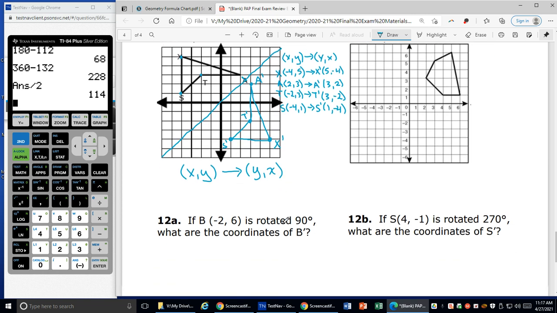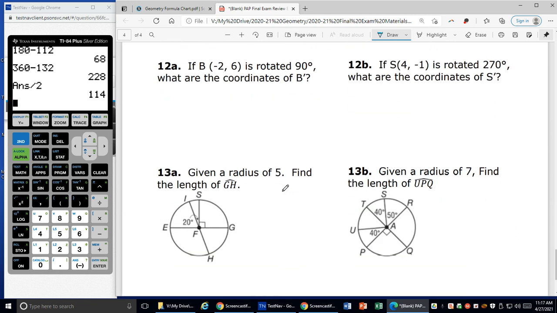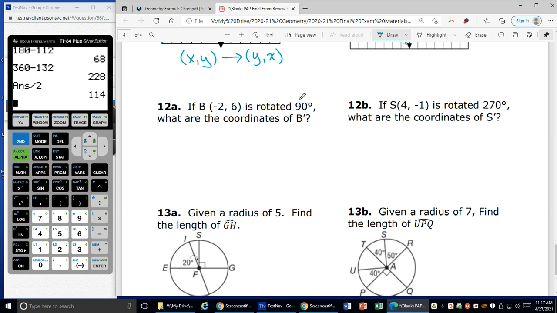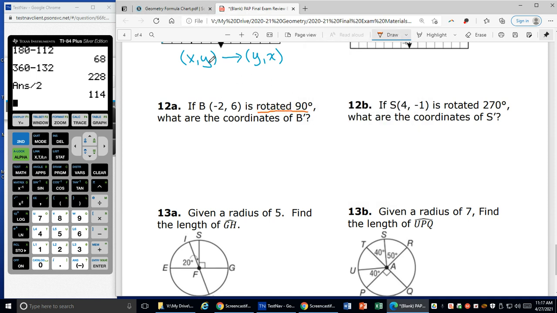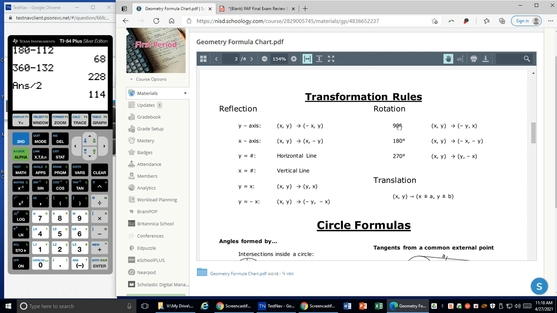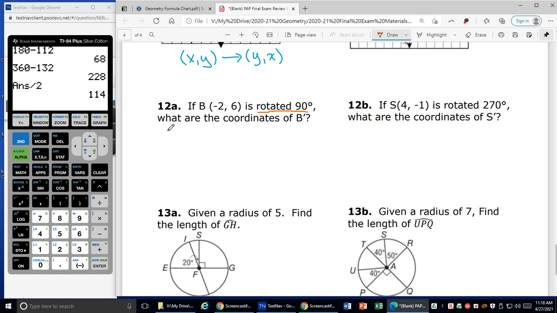Okay, let's look at 12. If B, negative 2, 6 is rotated 90 degrees, what are the coordinates of B prime? So I am going to look at my rotation rules for 90 degrees. Rotation 90: (x, y) rotates to the opposite of y, x.